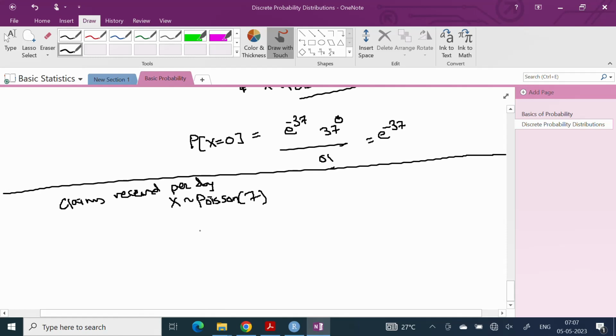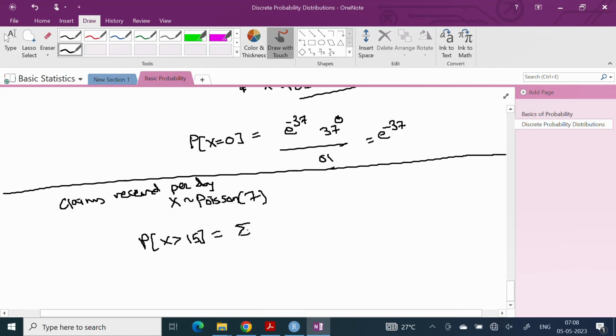X has Poisson distribution with, say, mean 7, and we want to check what are the chances that there will be more than 15 claims, because suppose we can handle at most 15 claims. So we want to compute the probability of having more than 15 claims.